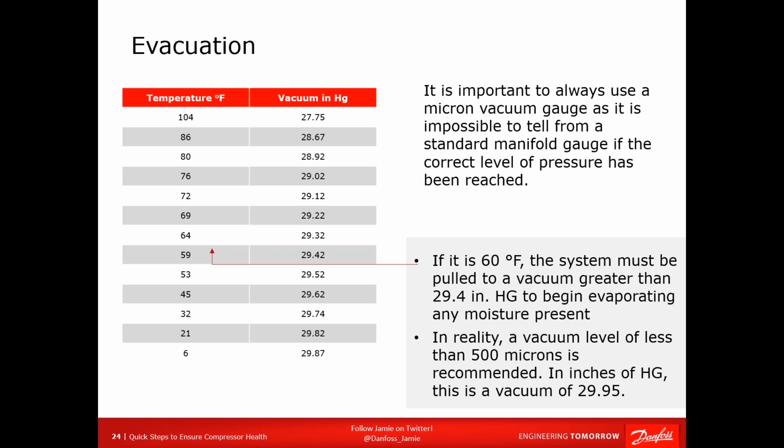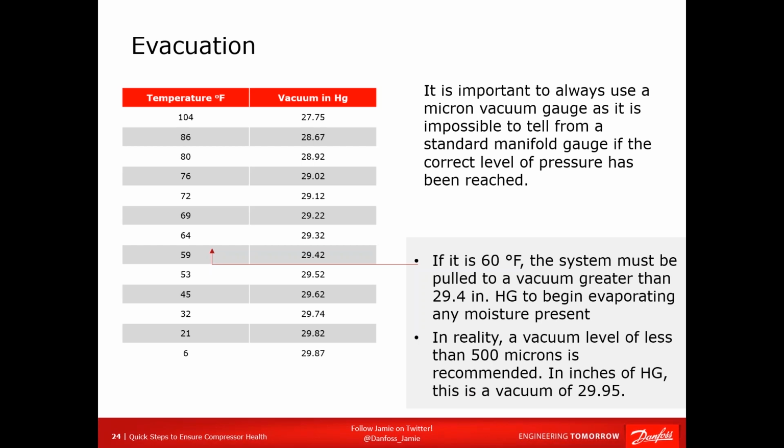If it's a hot day and you're lucky to be down south somewhere and it's 100 degrees outside, your evacuation to get the moisture out of the system is going to be a lot easier, because when you evacuate, you are dropping the pressure down to the point where the water starts to boil. And water boils at a much higher pressure at 100 degrees Fahrenheit than it does at 45 or 32 for that matter. So you're going to have to spend more time in cold weather in the north doing evacuation.